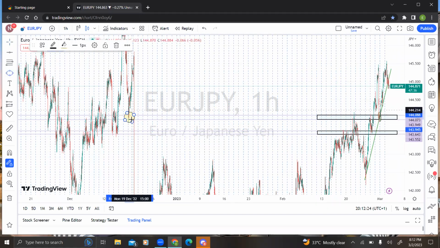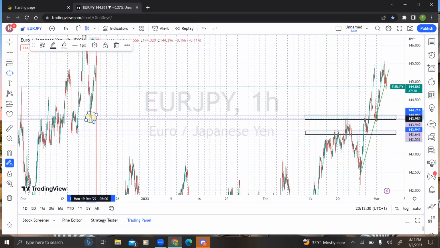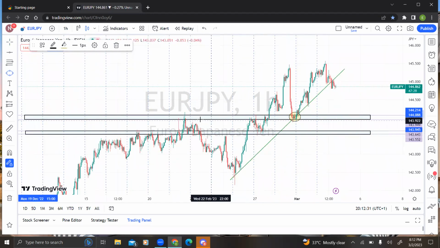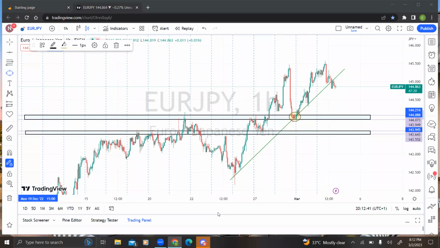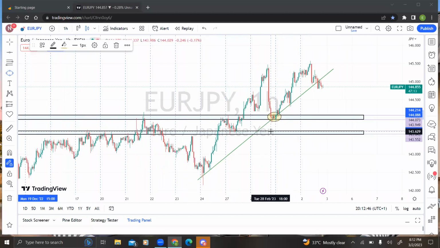So you can say this is a support at this point, became a resistance at this point, and now is becoming a support. And then you have a trend line that meets it at that point. That's a big goal. You confidently take trades at this area.